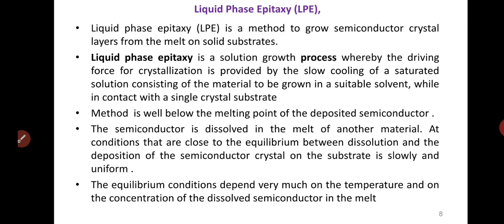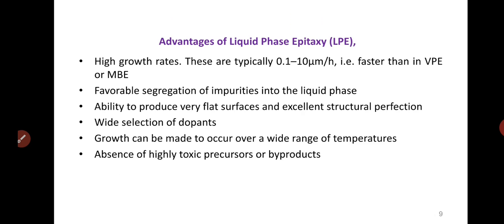The semiconductor is dissolved in the melt of another material at conditions that are close to the equilibrium between this solution and the deposition of the semiconductor crystal on the substrate, which is slow and uniform.